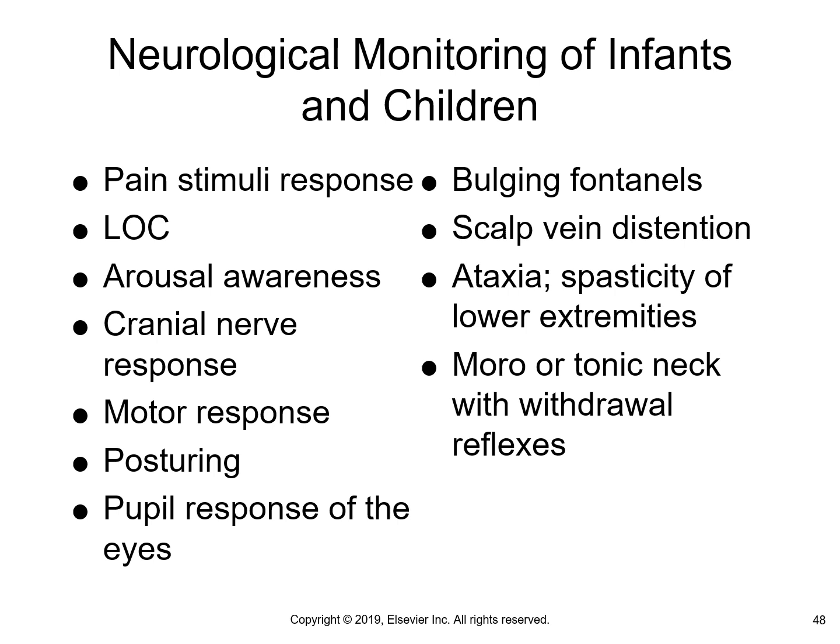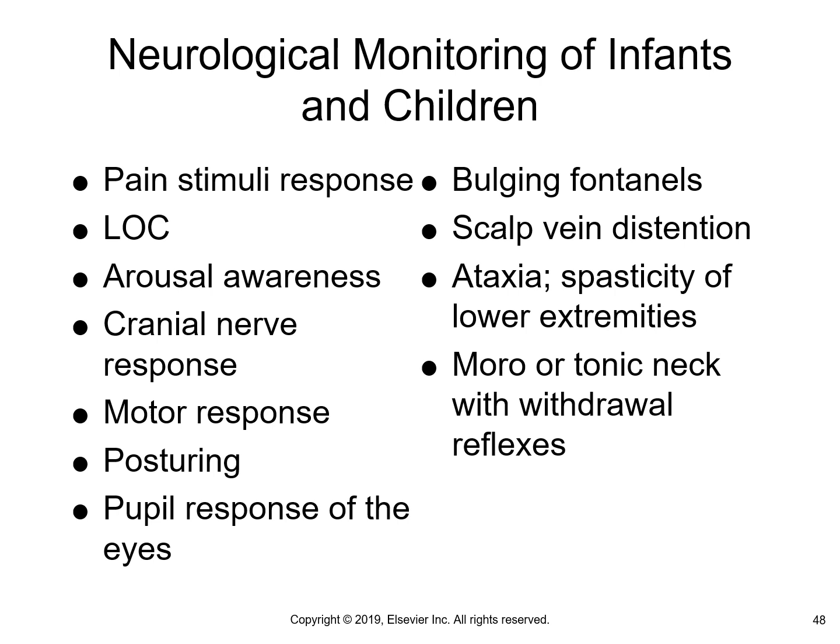Level of consciousness, like in adults: if you're monitoring the neurological status of a child, there will be changes in the level of consciousness. There will be changes in how alert and how responsive the patient is, and that would be a sign of a neurological issue. Arousal, awareness, cranial nerve response.